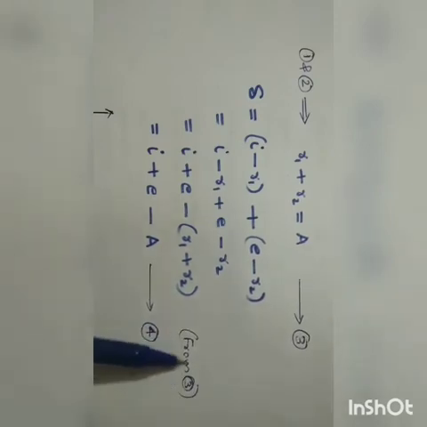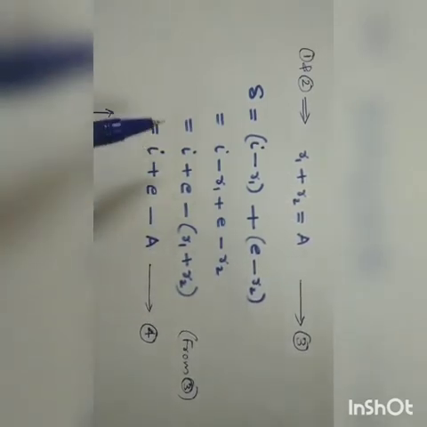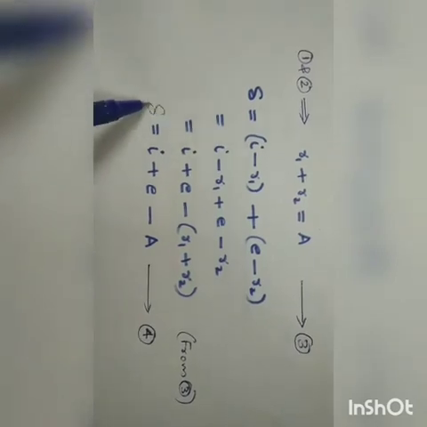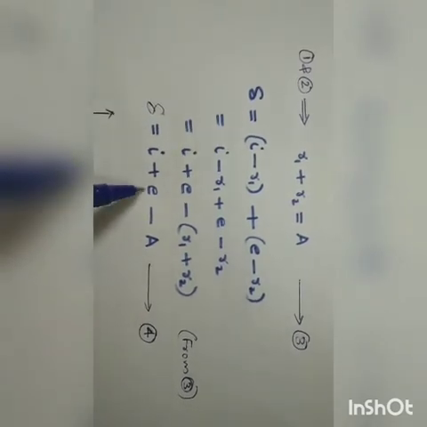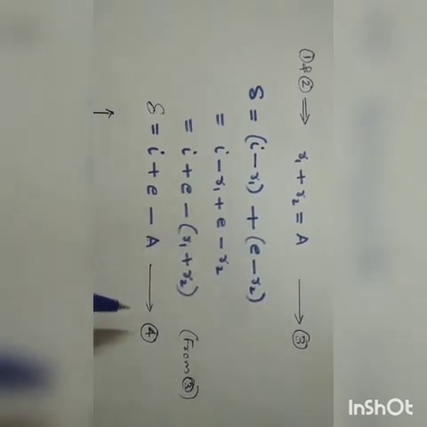From equation 3. So delta is equal to I plus E minus A. Let me call this equation 4.